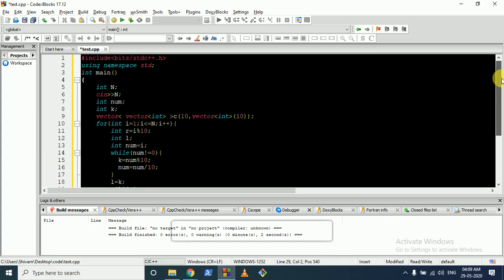So I'll tell you how the code goes. We'll first take the input n, which is the upper bound till which we have to do the loop. We will make this table.